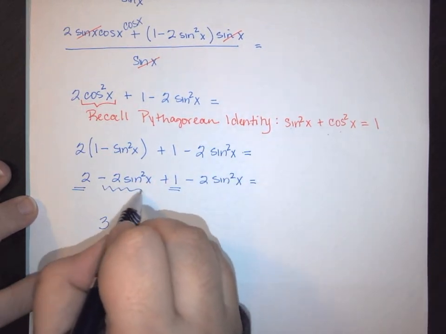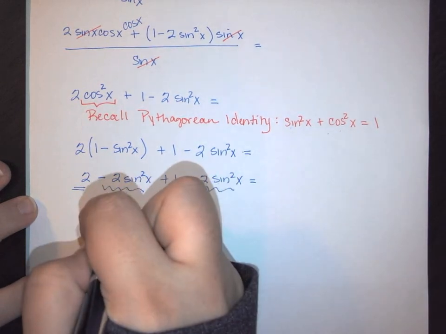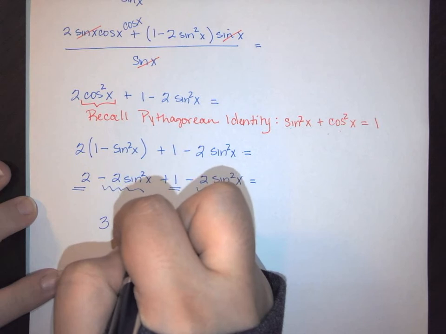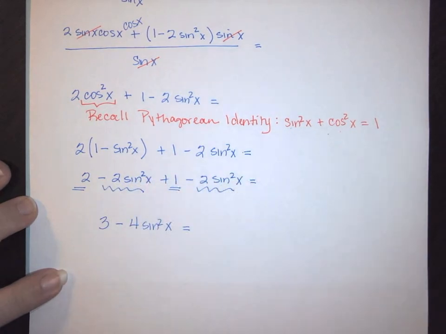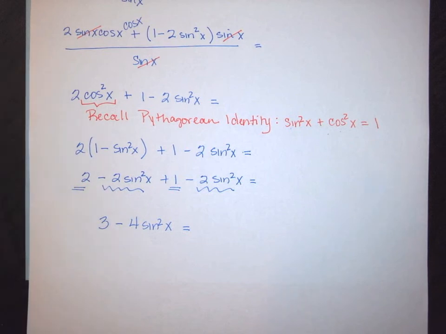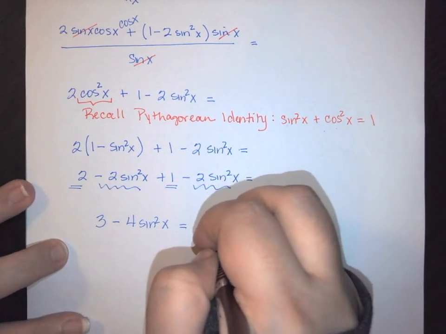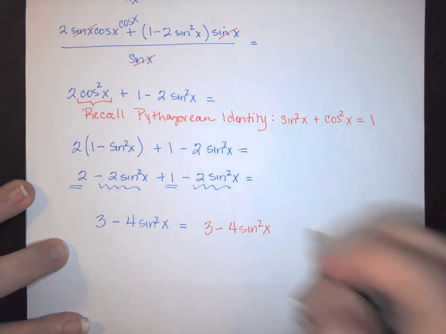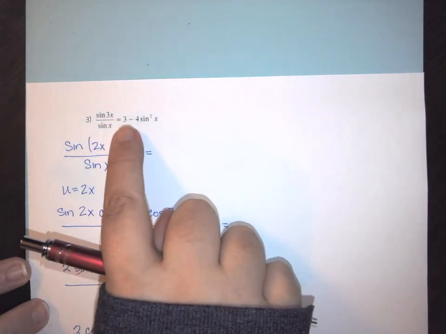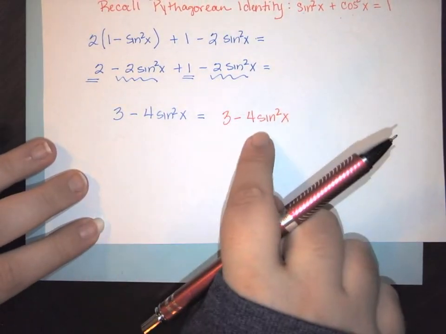I have negative 2 sine squared, and negative 2 sine squared gives me minus 4 sine squared of x equals, and then I need to look, and what exactly did I have to start with? I had 3 minus 4 sine squared of x. So just so you see, here we go, 3 minus 4 sine squared of x. So I proved my identity.